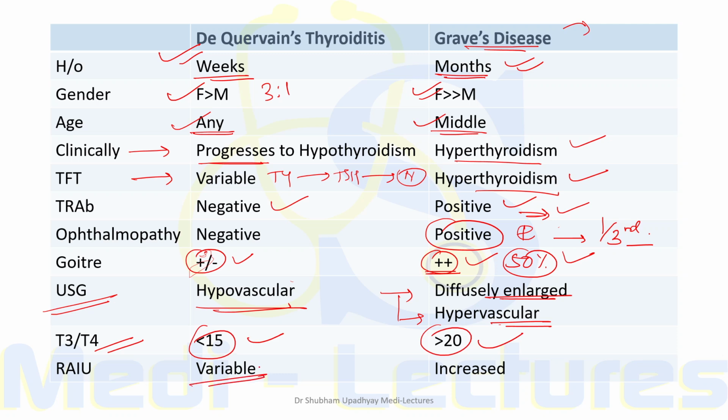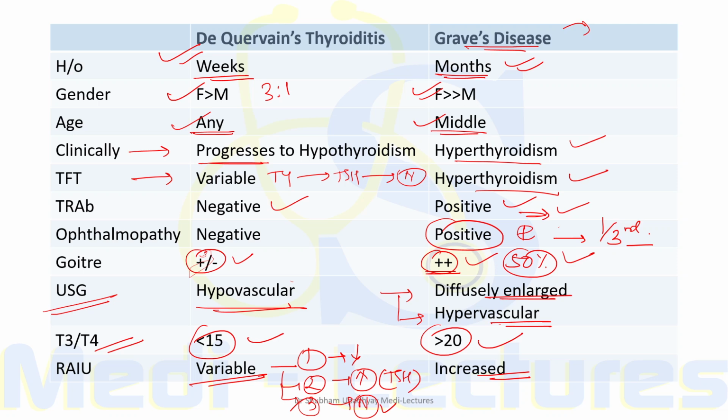Radioactive iodine uptake is variable in thyroiditis, while it is increased in Graves' disease. In the first stage it will be decreased. In the second stage it will actually be increased due to the effects of TSH, which stimulates the thyroid gland to form more hormone, so it takes up more radioactive iodine. In the third stage it will become normal.